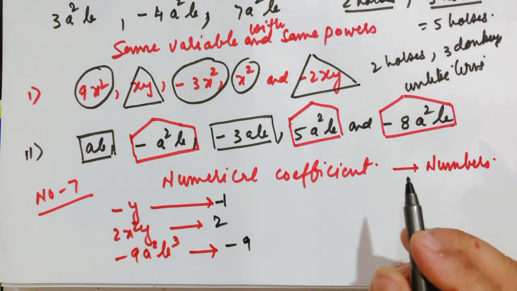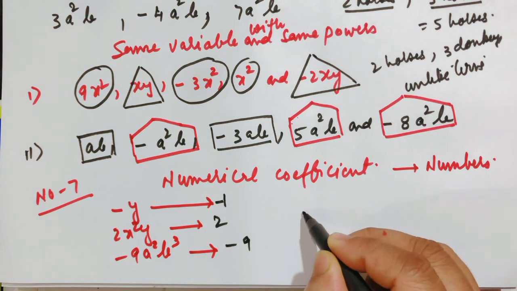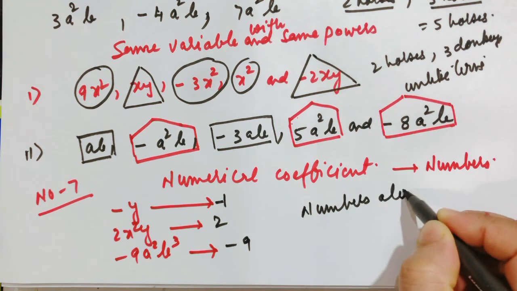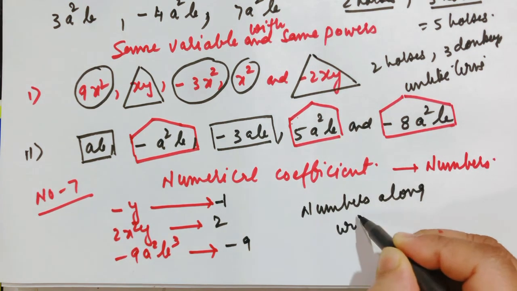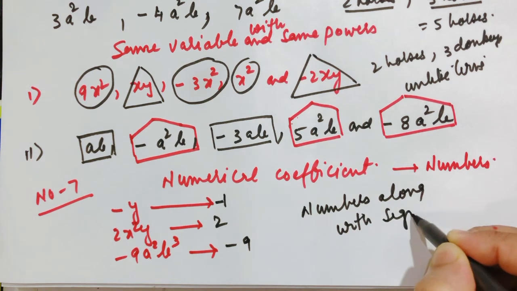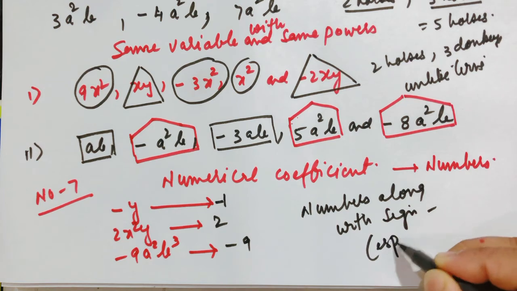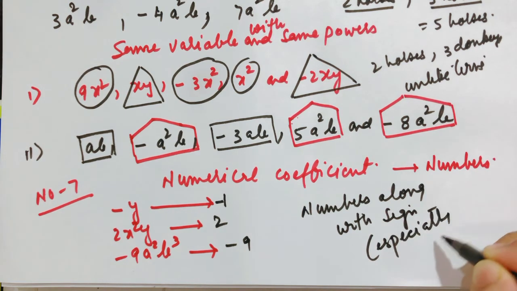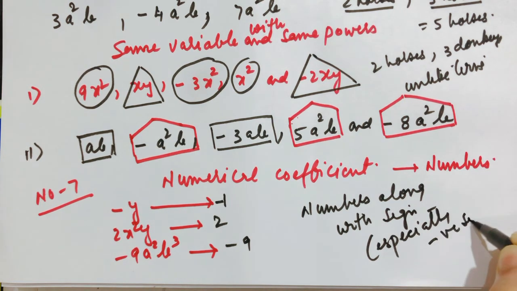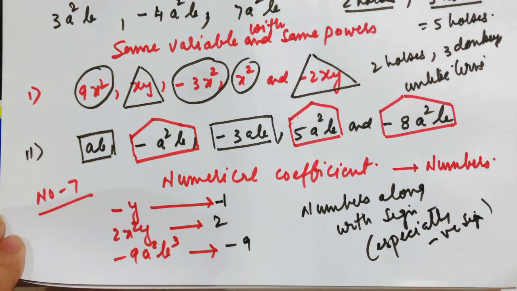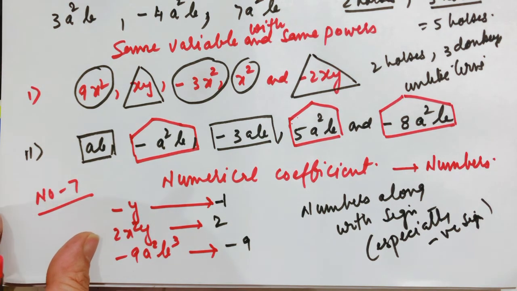This means numbers along with sign, especially the negative sign. If the sign is negative, you will have to put it. If the sign is positive, you need not take any tension.